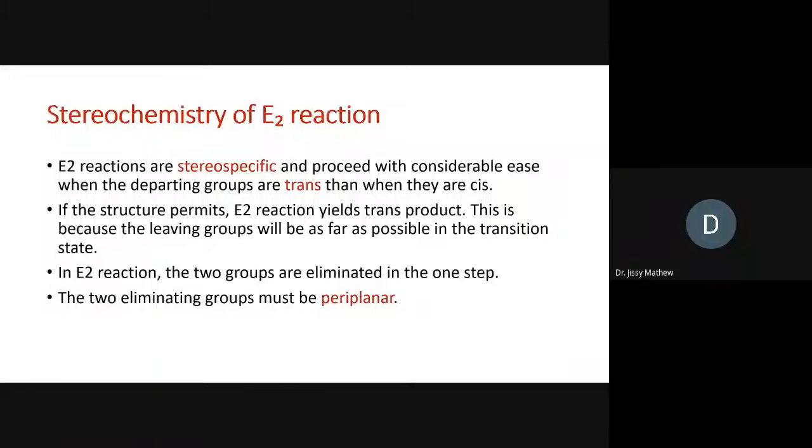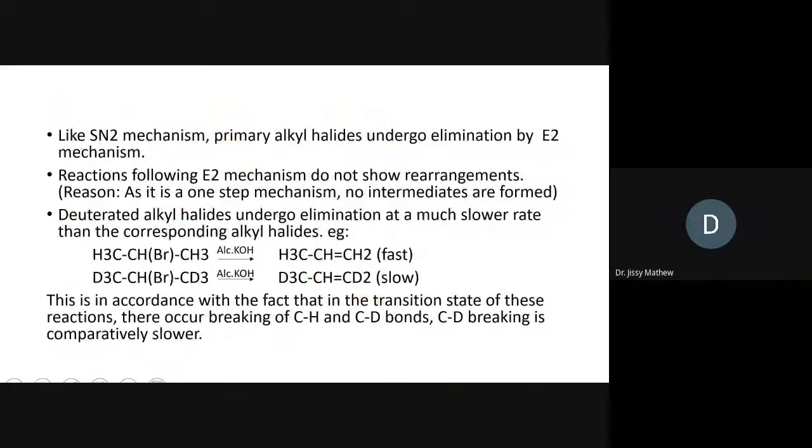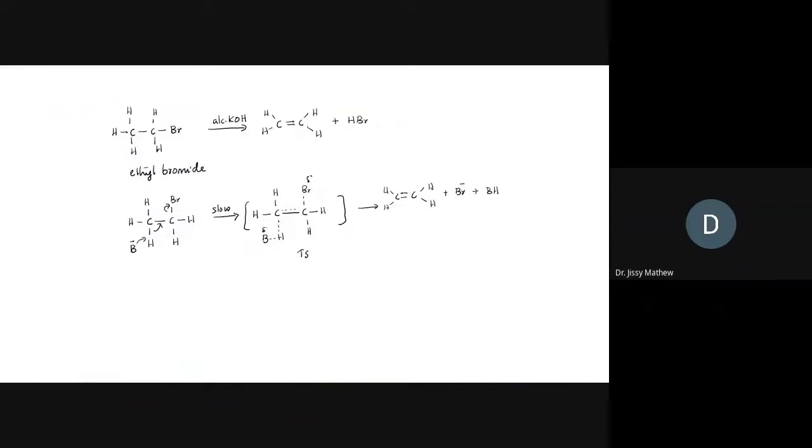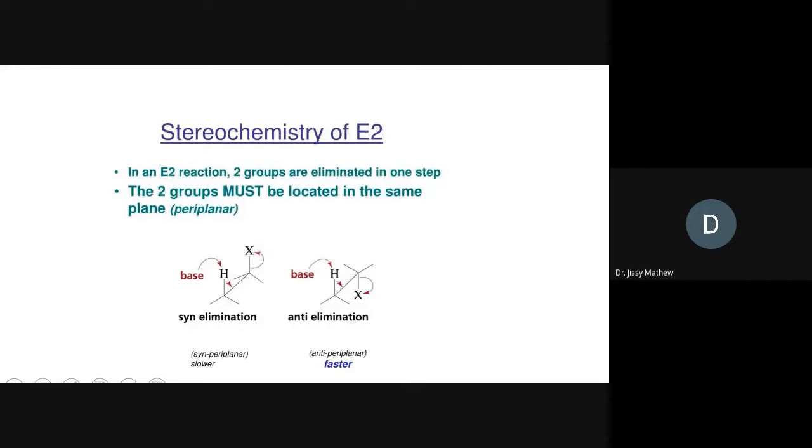And the two eliminating groups must be periplanar, that means they should be in the same plane. We have already seen that in the mechanism. If these two departing groups are as far as possible, then elimination will be easier. And periplanar means the two departing groups are in the same plane. So in this case, you can see the two departing groups are syn.